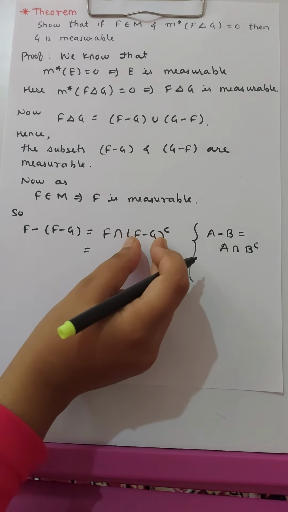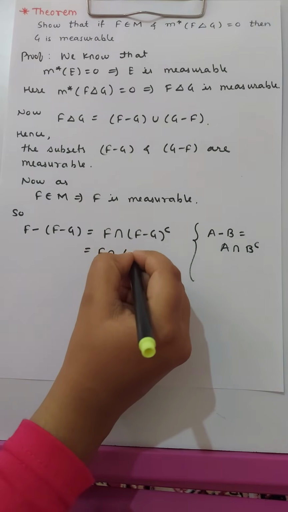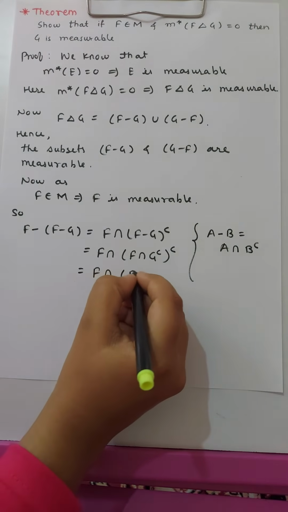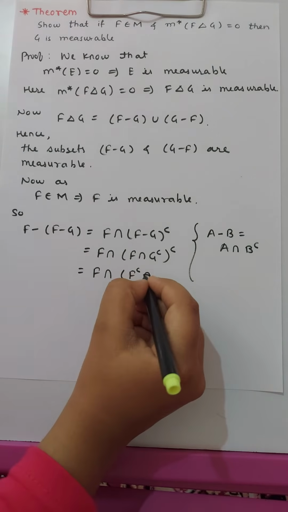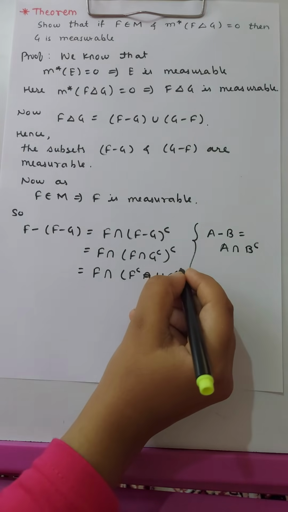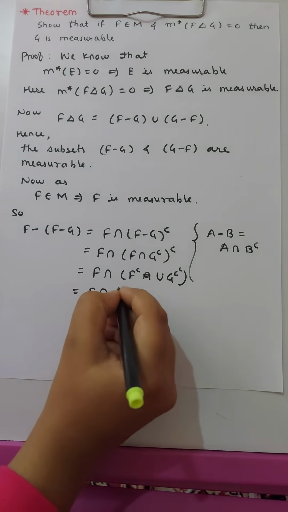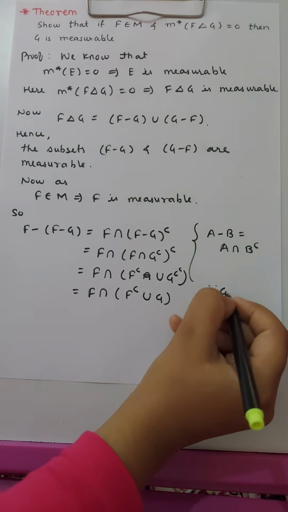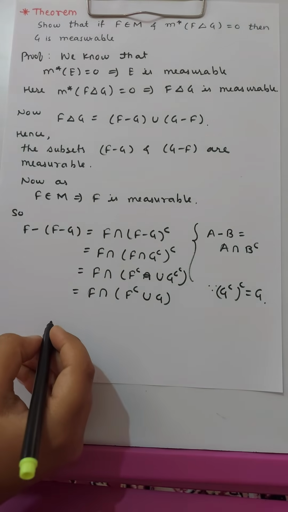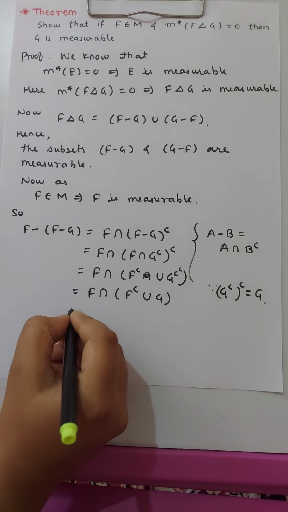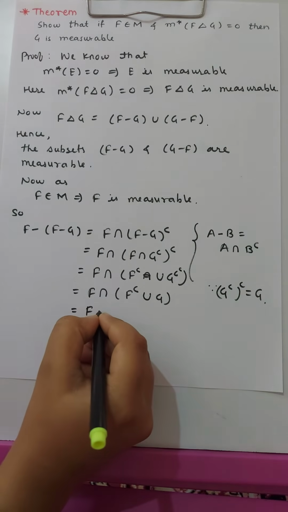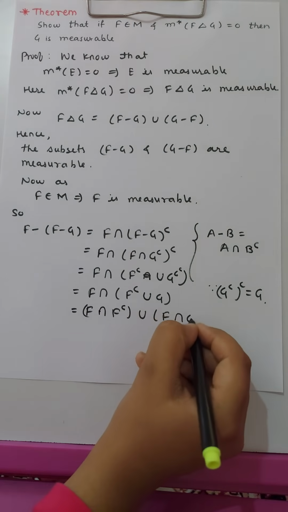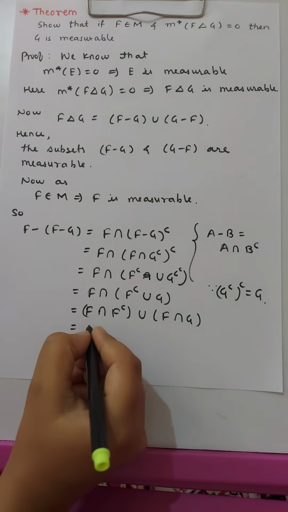Again applying the same result for F minus G, we get F intersection (F intersection G complement) complement, so F intersection (F complement union G complement complement), and the complement of G complement is G. So by De Morgan's law, this is F intersection F complement union F intersection G, and F intersection F complement is phi.